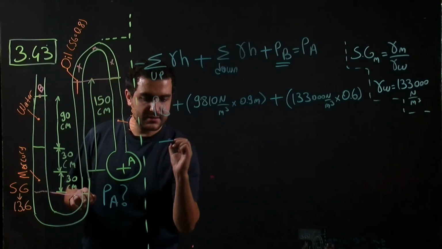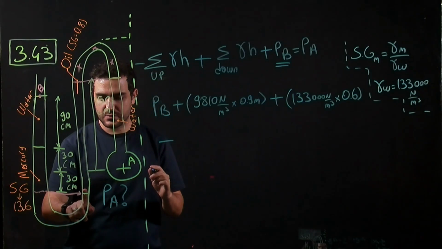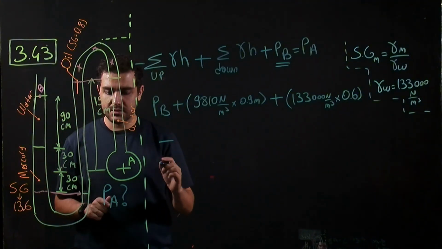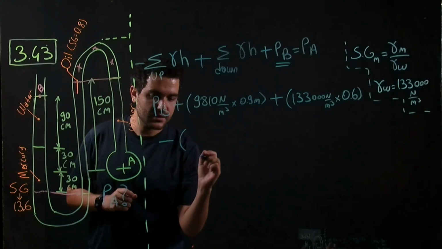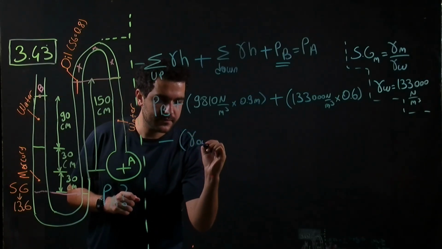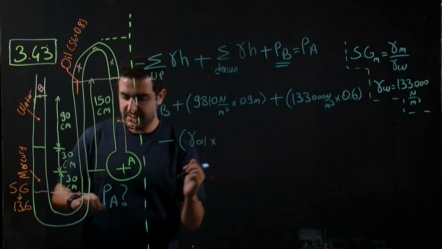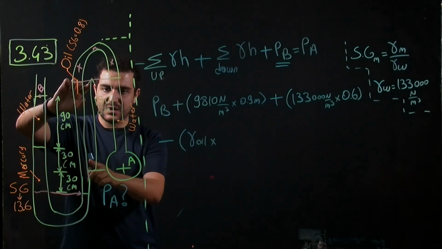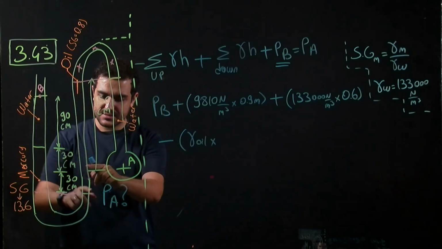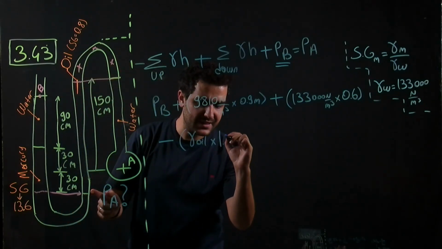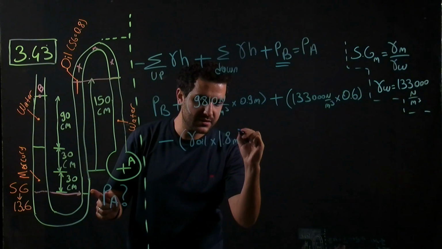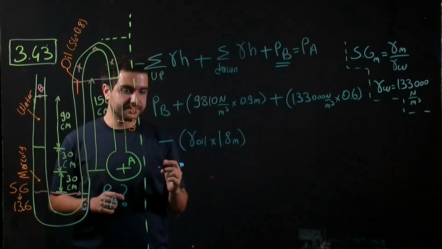So let's write minus, because we will be going up, and we have specific weight of oil times 150 centimeter plus another 30 centimeter here, which means we have 1.8 meter of oil.